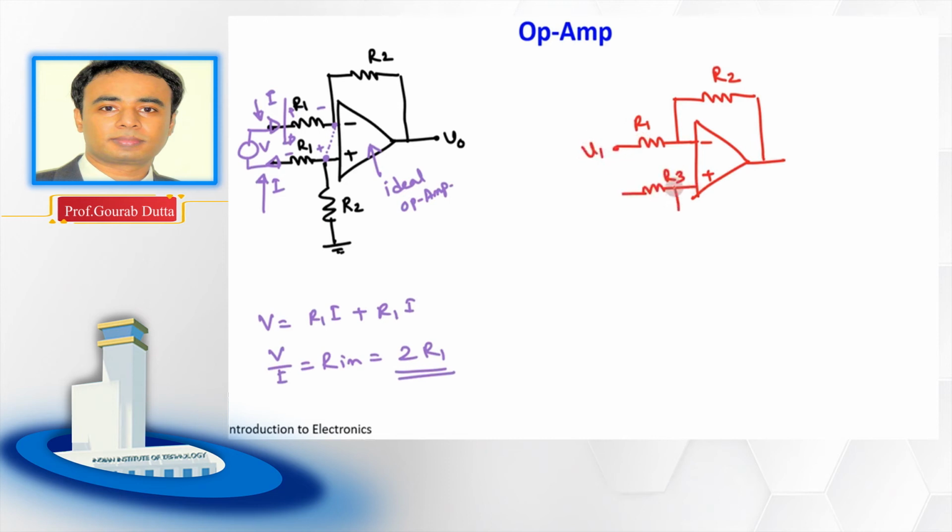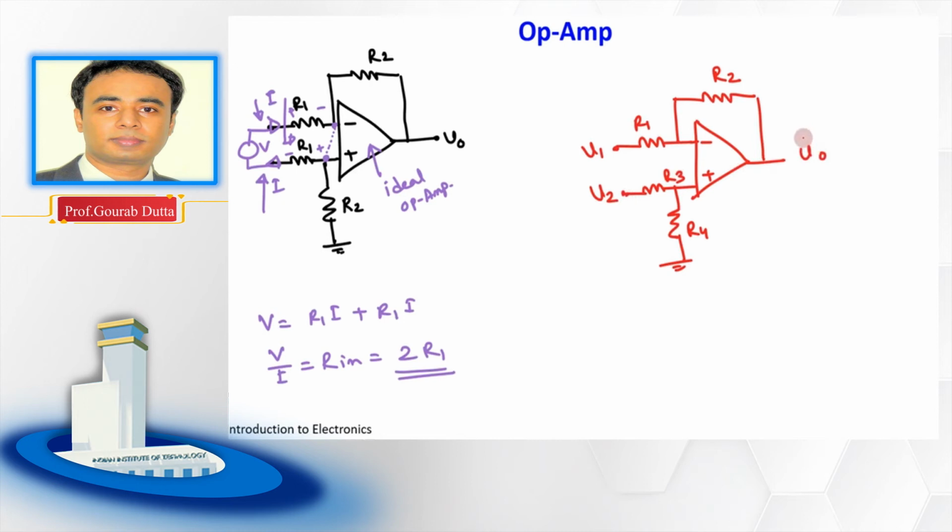This is R3 and this is R4. This is V2, right? And this circuit is nothing but a special case of this circuit only, where this ratio R2 by R1 is equal to R4 by R3, right? And this is the output.